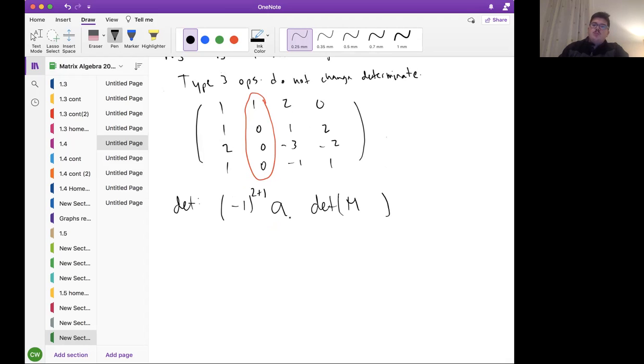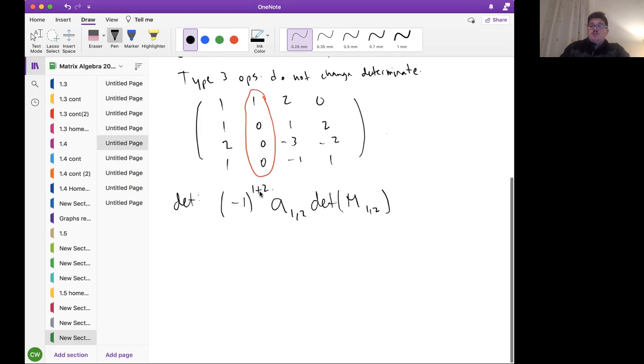What entry? 1, 2. And what's the minor for that element? What's the M going to be? 1, 2. So everything is 1, 2. Okay, so -1 to the 1 plus 2 is -1.